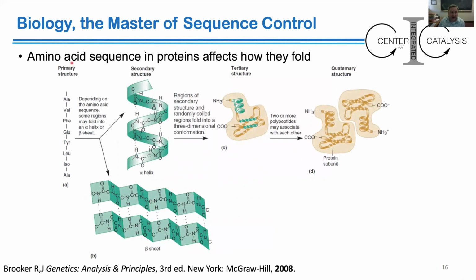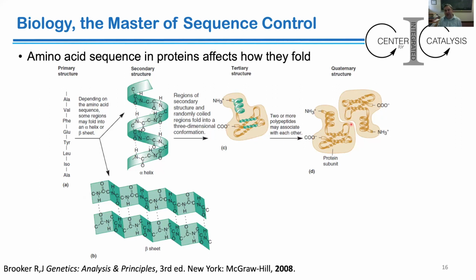And so here, primary structure of alanine, valine, all these different amino acids, they can, in the right sequence, either form alpha helices or beta sheets, depending on what the side chains are and the sequence of those side chains. And that leads then to tertiary structure that then allows the proteins to fold, which can also lead to quaternary structure where more than one protein can fold.